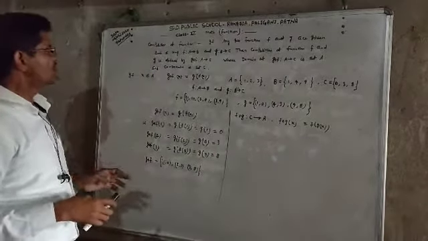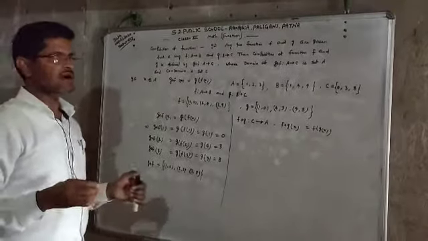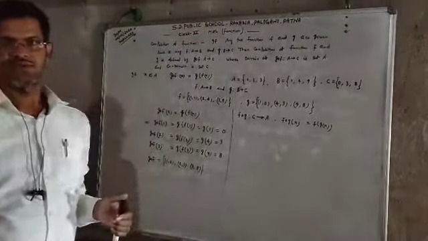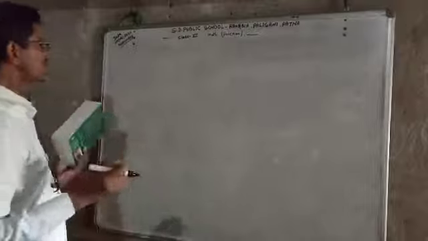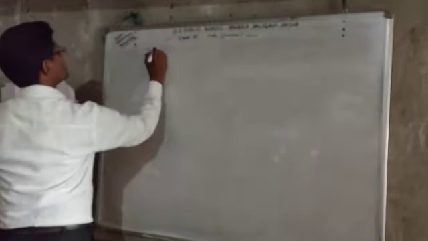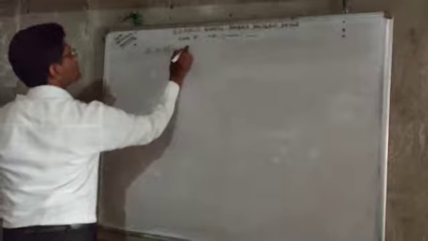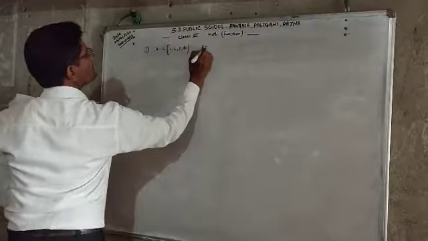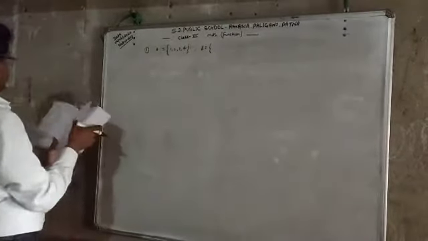Now we discuss an example. Suppose that a set A is given with elements 1, 2, 3 and 4.